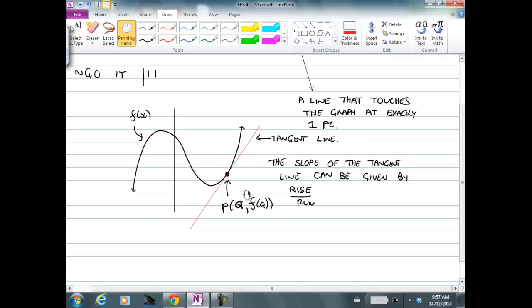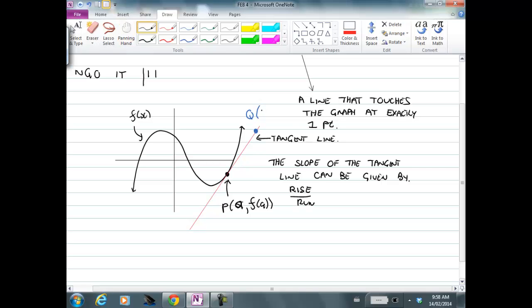Here's where every one of us will differ. I want you to put a point anywhere on your tangent line. Doesn't matter where. I'm going to put this point here. I just chose an arbitrary point. We'll call this point Q. So, problem is, again, every one of us will have a different point Q. Because the farther you go away from A, or how high the slope, the steepness, it changes.